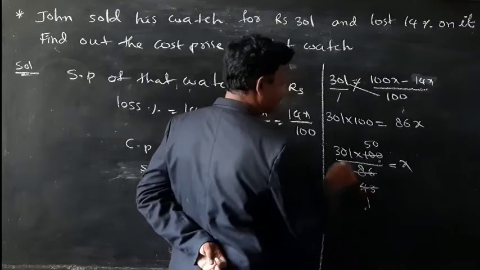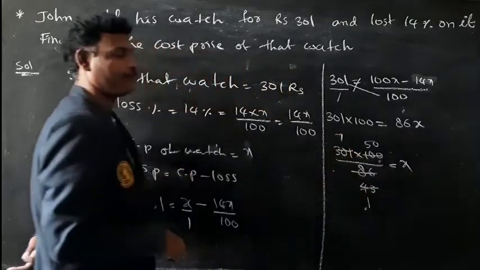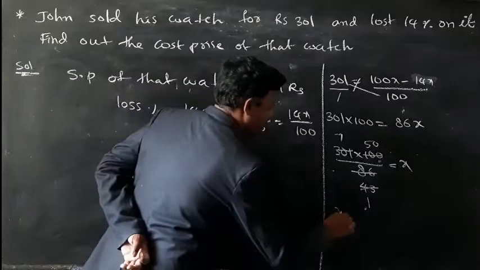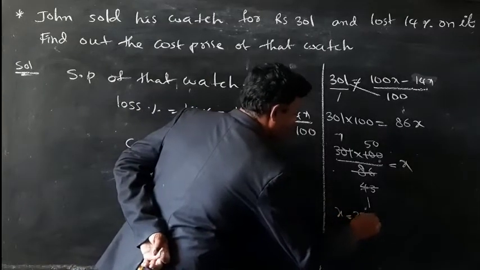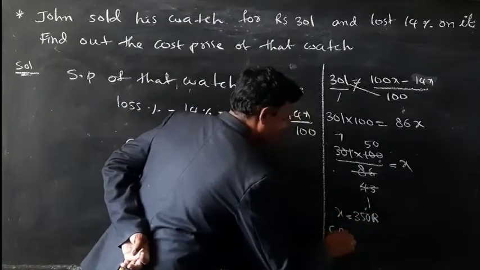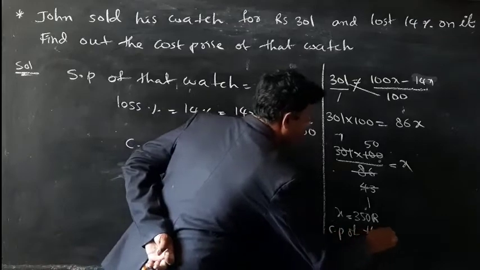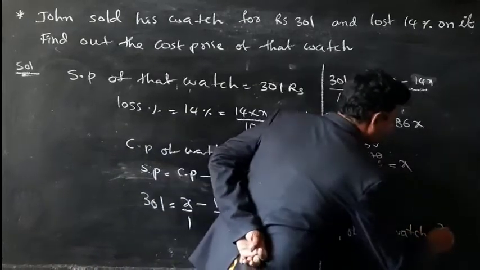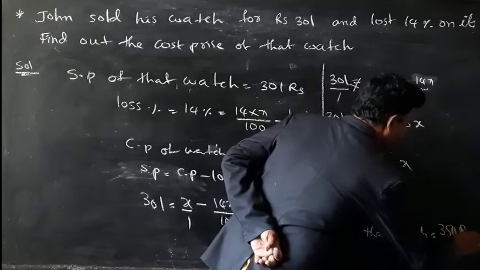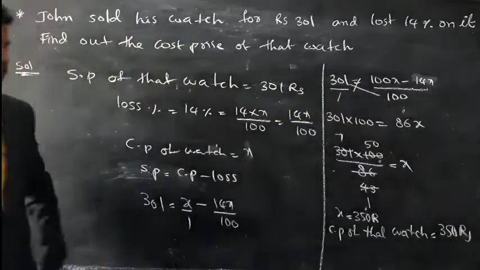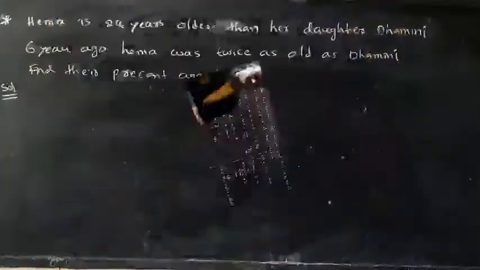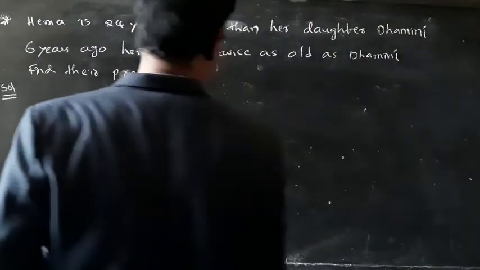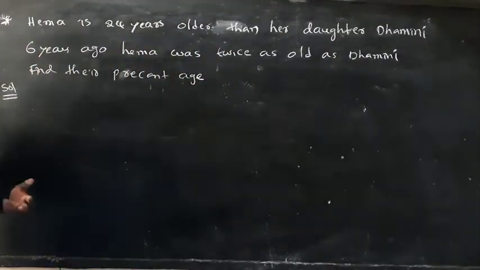So 43 1s are 43, 43 7s are 301. So x is equal to 350. It means the cost price of that watch is equal to 350 rupees. What is the cost price of that watch? 350 rupees.